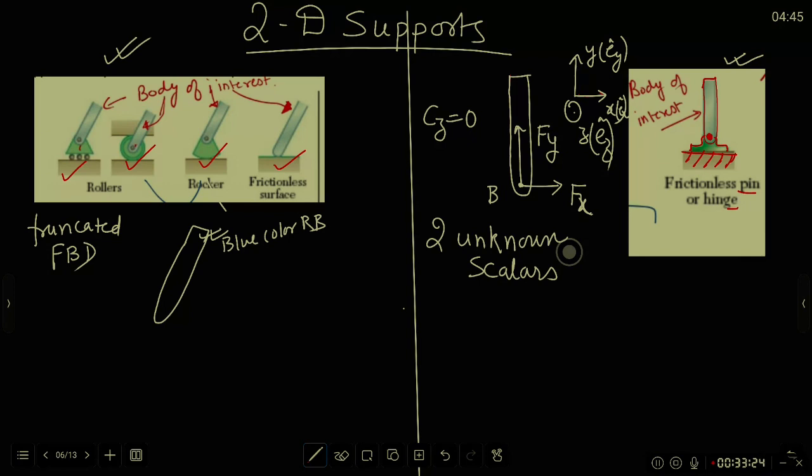They all are supposed to resist, and that is why I will put Fy. All these types of supports are designed so that they don't resist the motion of the RB in horizontal direction. This is a given information to me, and that is why there is no need to put Fx. Fx is 0.